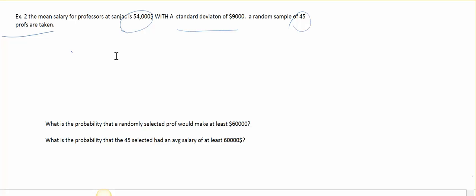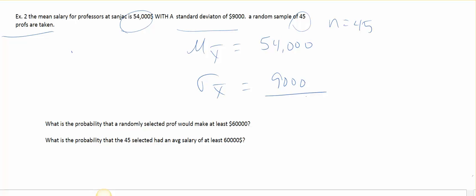Well, it doesn't say anything about your population being normal, but since n is 45, that's large enough by definition in the stats world so that we can say the mean of the sample means would still be the 54,000. And the standard deviation gets adjusted by the size that you sample, so we'll do 9,000 divided by the square root of 45.